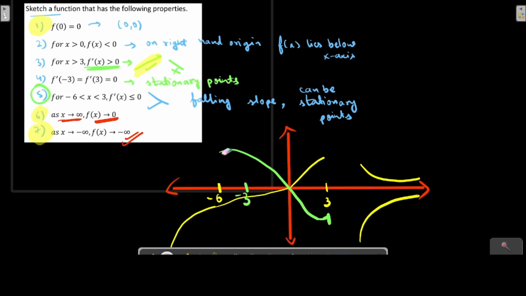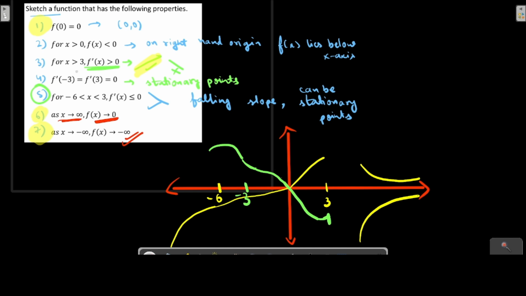But it says that it's a falling slope, so it means the turning point is a point of inflection. Like this: concave down, then a concave upward shape. It's going down. Okay, so we have taken care of this one.